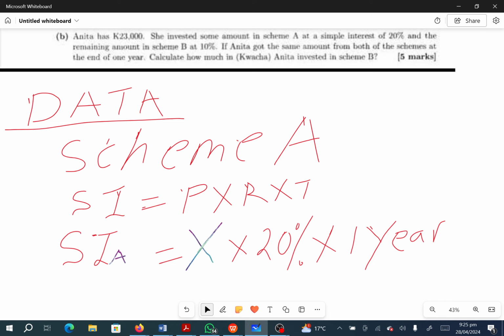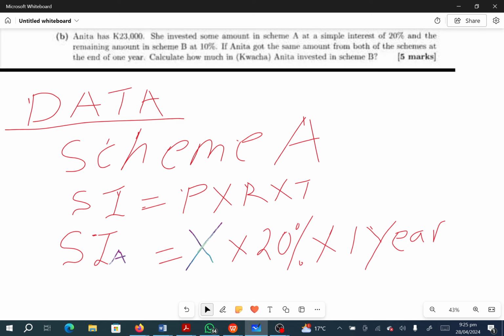Then we are told that at the end of the year, Anita got the same amount from both schemes. Now, what we are looking for here is how much in kwacha Anita invested in scheme B.